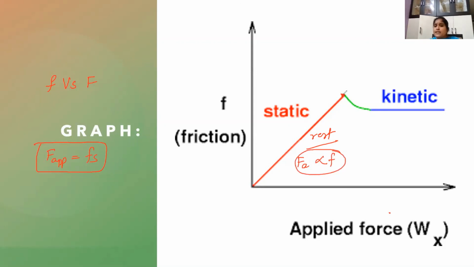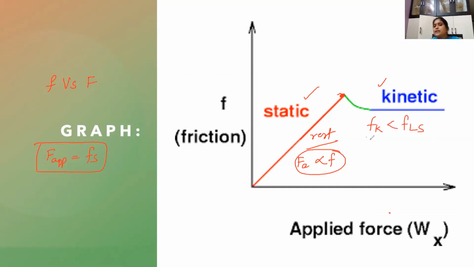But once the applied force reaches the limiting static friction, the body just begins to slide. When the body just begins to slide, the friction changes from static to kinetic. And you know that kinetic frictional force is less than limiting static friction. The maximum frictional force is limiting static friction.